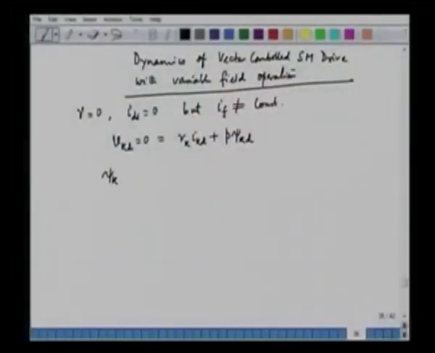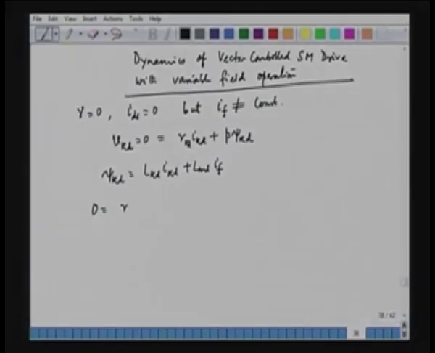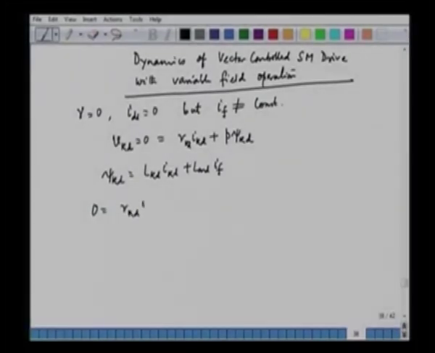Psi KD is equal to LKD IKD plus LMD into IF. IF is not constant. So, we can rewrite this equation in the following fashion: 0 is equal to RKD IKD plus P of LKD IKD plus LMD into IF.